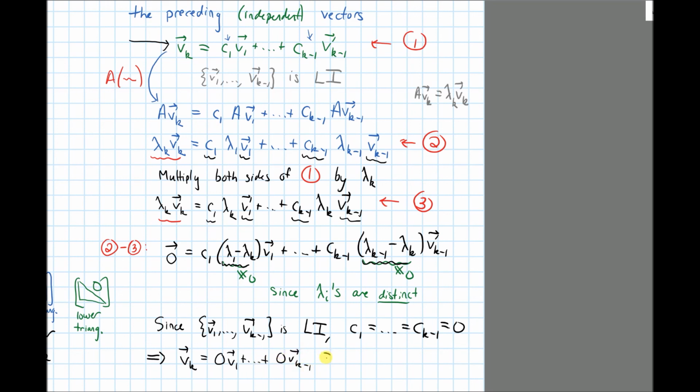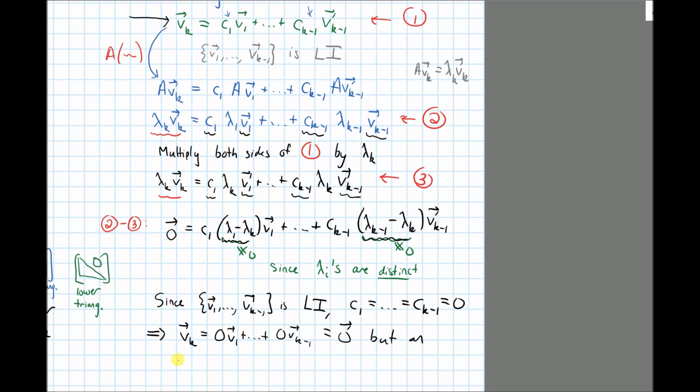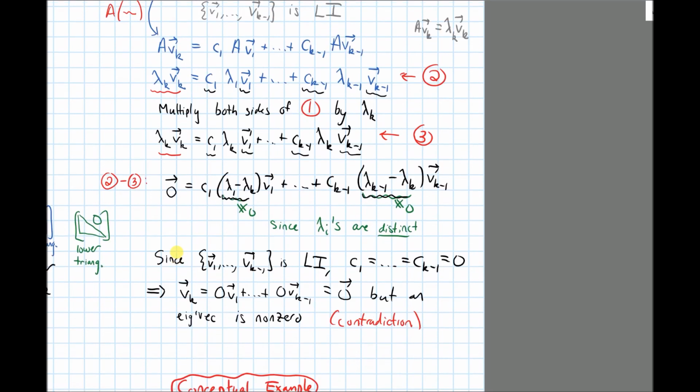But that just equals 0. So we know that vk equals 0, but Vk is supposed to be an eigenvector, and an eigenvector is non-zero. An eigenvector is not supposed to be 0, but we got that this eigenvector is 0. So that is our contradiction.